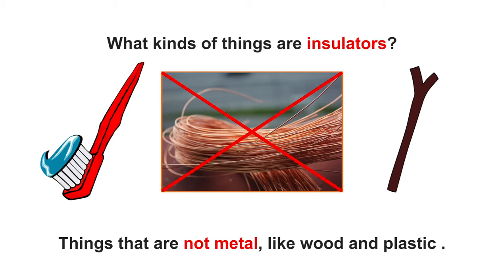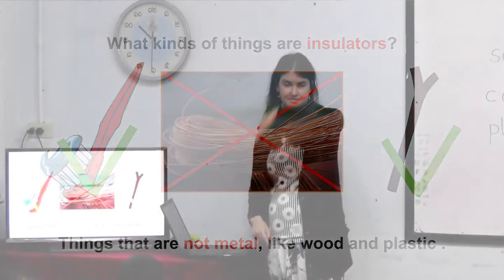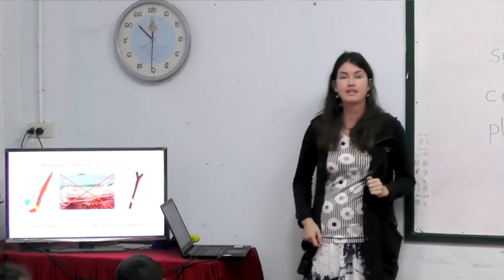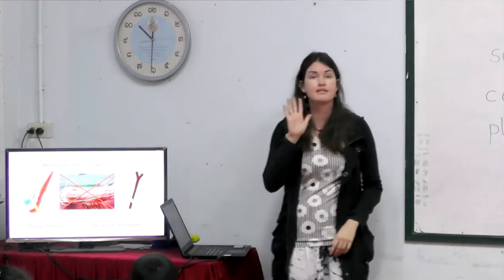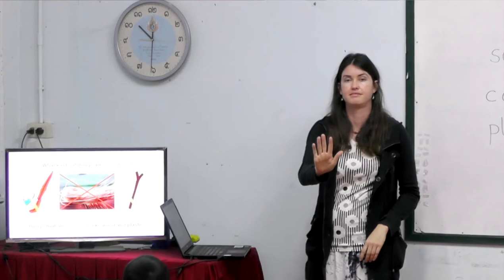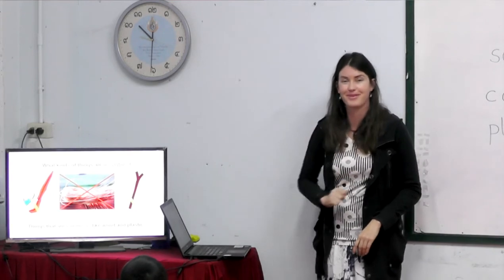The stick? Good. And the toothbrush. Those things stop electricity. Only some metal things have electricity move through them. Our conductors. Our insulators, things like the toothbrush and the stick, those things stop electricity. They don't let electricity move through.